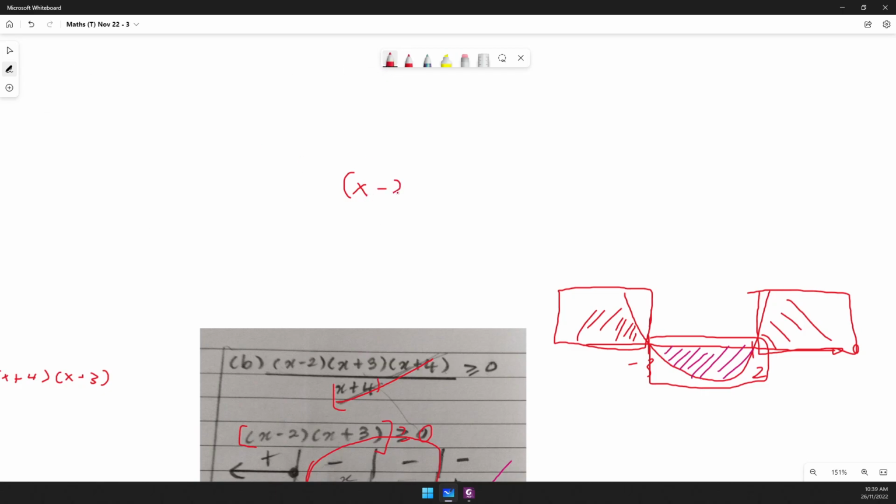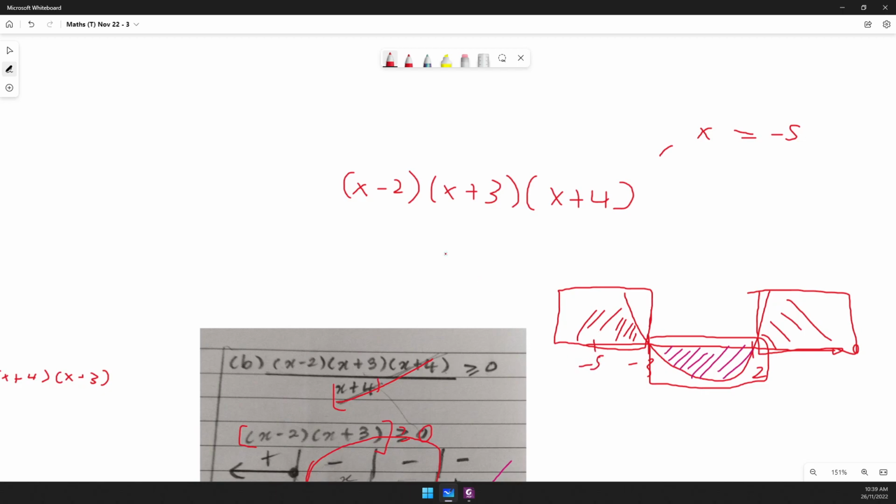Let's just try to input a value in here. Let's say I put x equals negative 5. Negative 5 should be here, right?